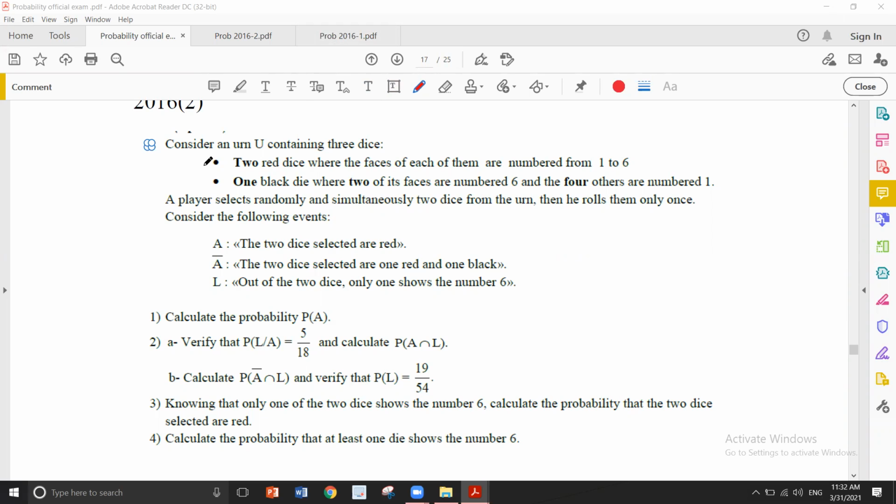Okay, let's start. This exercise is a little bit difficult, so pay attention. We have two red dice. The urn contains two red dice where the faces of each are numbered from 1 to 6.